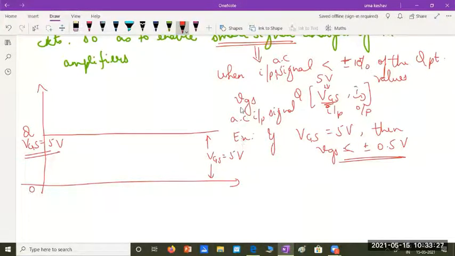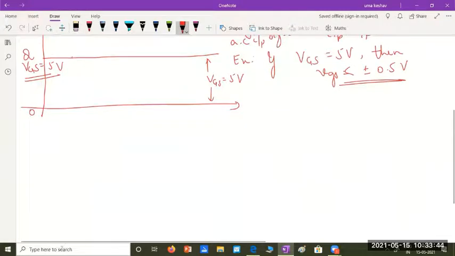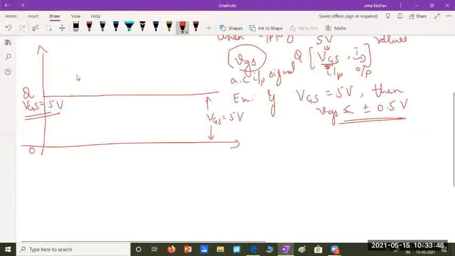And when I talk about this AC input small signal value, you understand it will be a sinusoid or triangular which will be overlapped on this DC. That means you have already given the DC bias in the circuit and your AC signal will overlap the DC. Please remember.